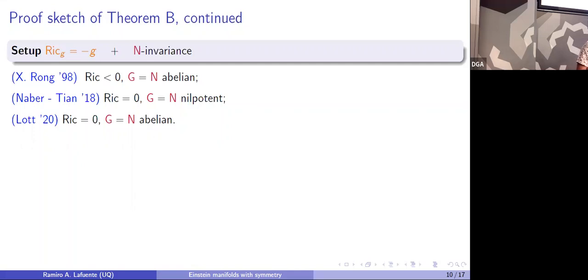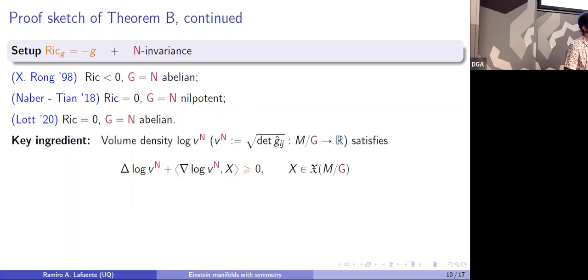This is not the main statement in their papers, but at the end of the day, the core of the arguments for the results that they prove involves the following. They want to prove some rigidity for these spaces.